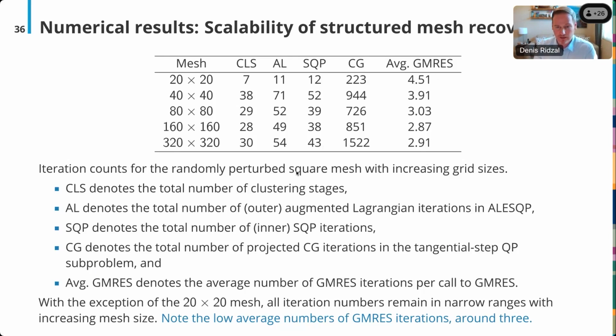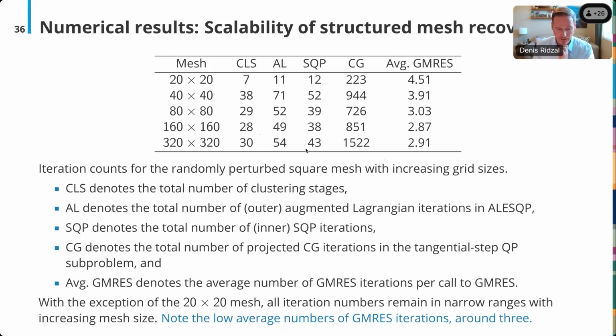And so what's interesting here is, first of all, that all of these numbers stay in narrow ranges. There's no perfect scalability, but we're also using random meshes, so it's a little bit difficult to nail that fully. But all of these numbers, except for the very first number, are narrow ranges.